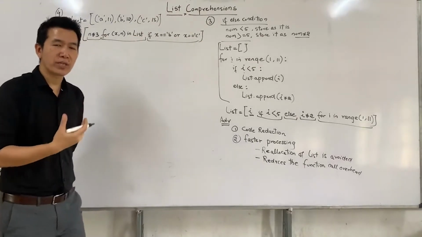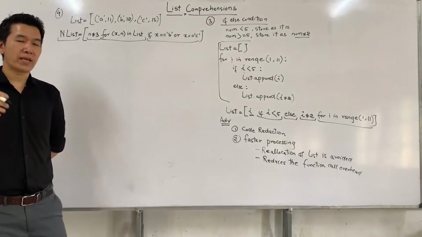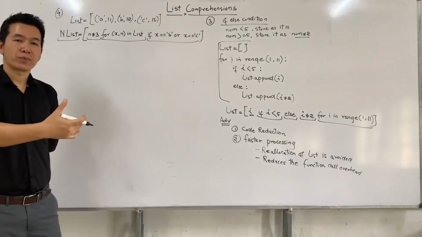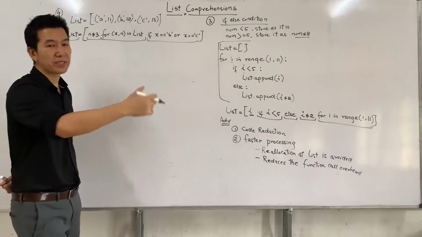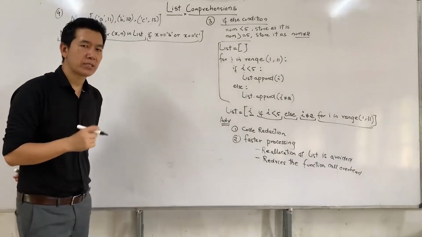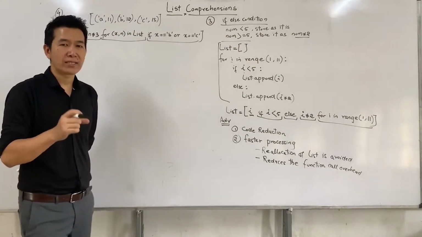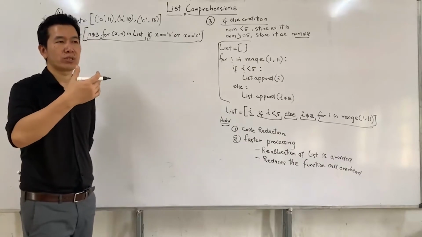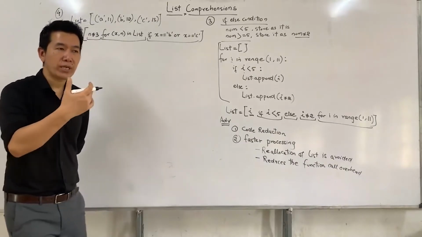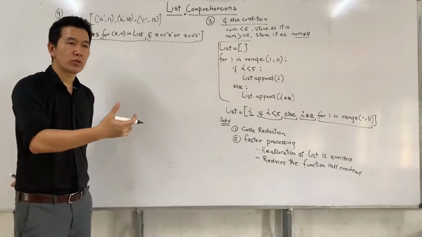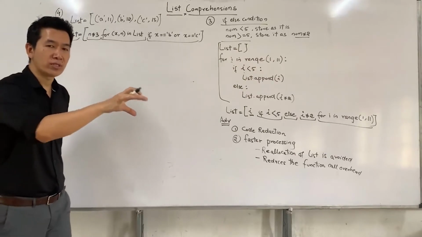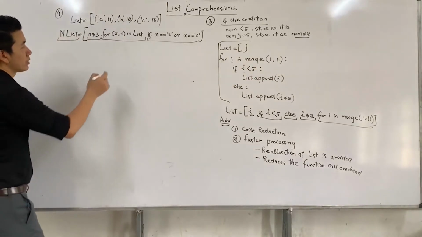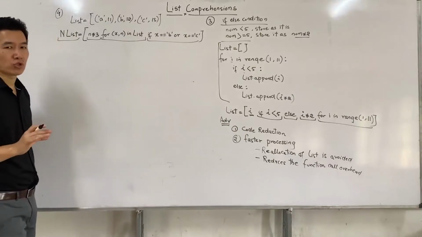The iterable object means an object which could be traversed, an object whose values could be scanned again and again. That's what we actually call iterable. Iterable means something which is repeatable. With each repetition, you could grab onto a certain value. So this time I'm not using the range function.